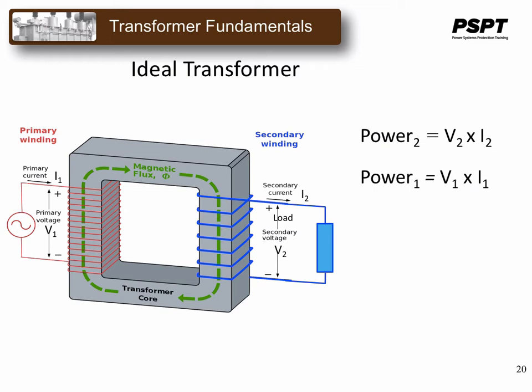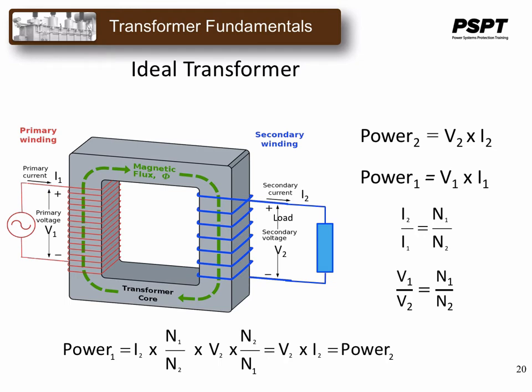The power coming from the primary is given by the equation V1 times I1. But the current and the voltage ratios are given by these two equations, which we just developed. So we can write the power delivered to the primary in terms of the secondary voltage and current by substituting V2 and I2 for V1 and I1.